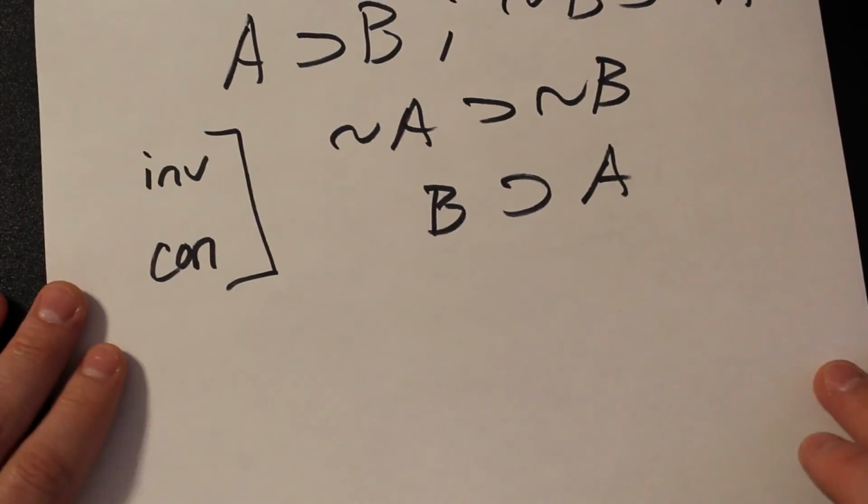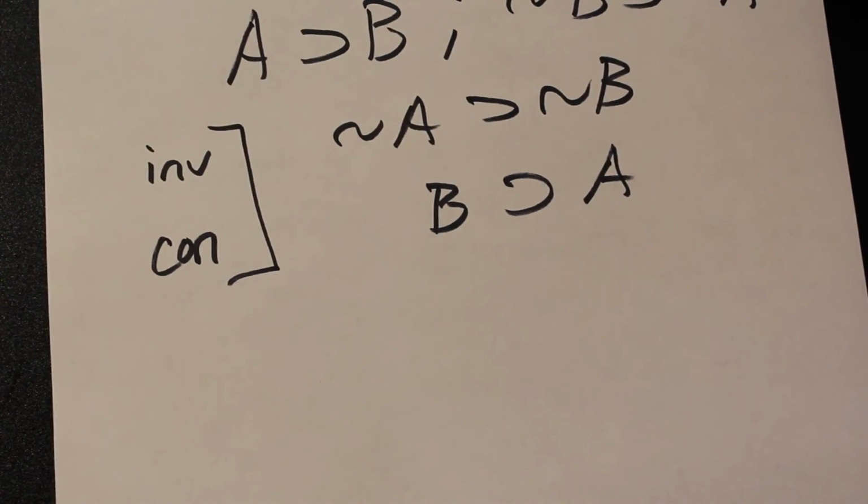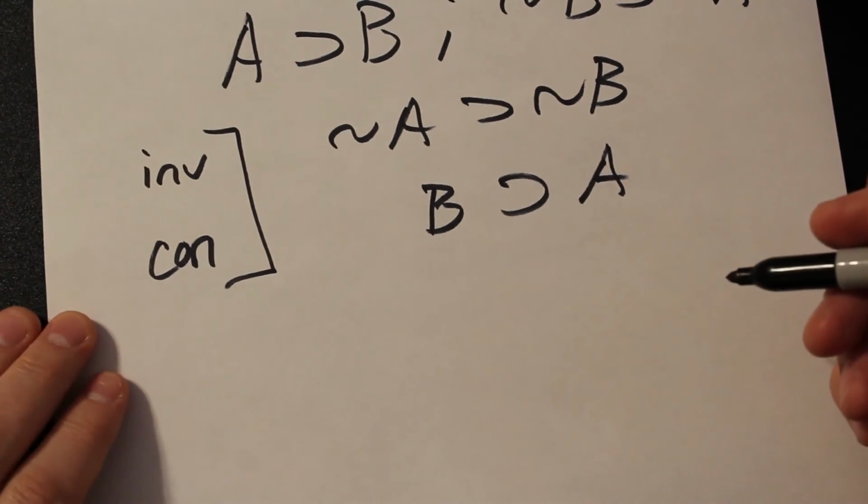That's how the converse, inverse and contrapositive work. The converse and inverse are not necessarily true, so you have to be careful.